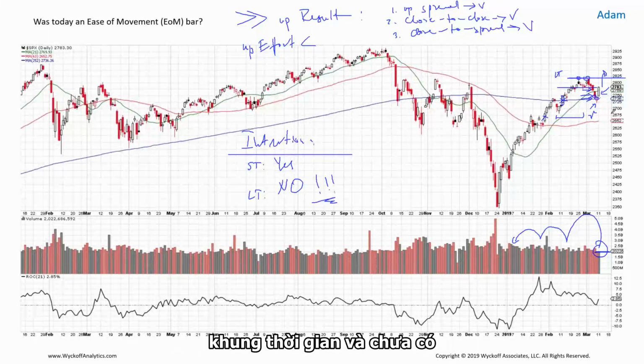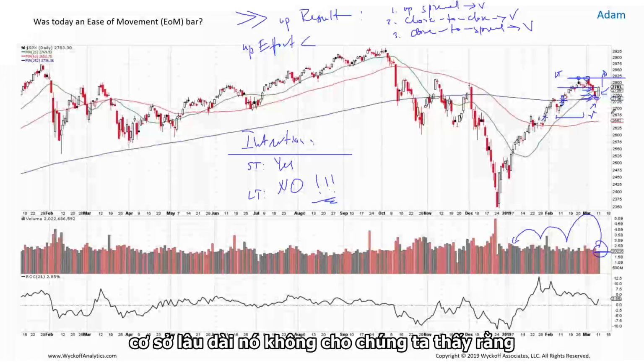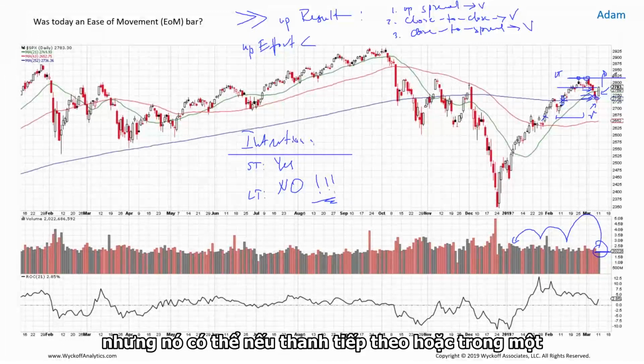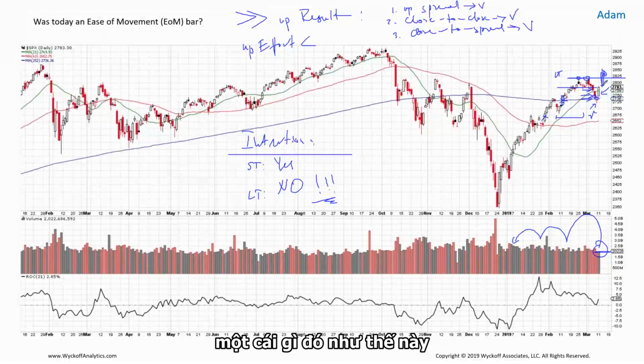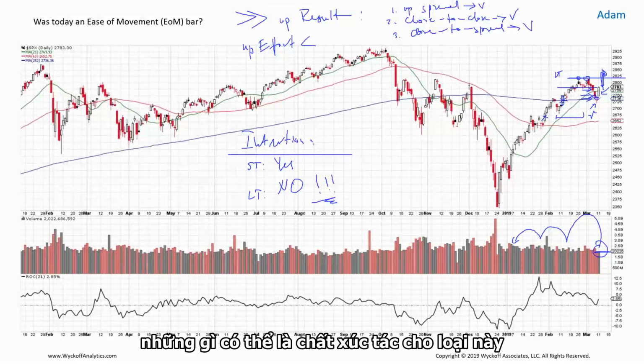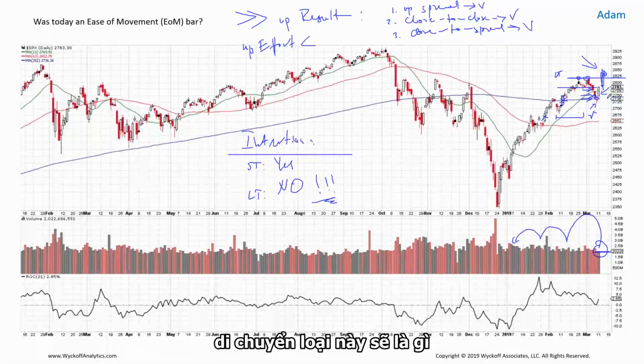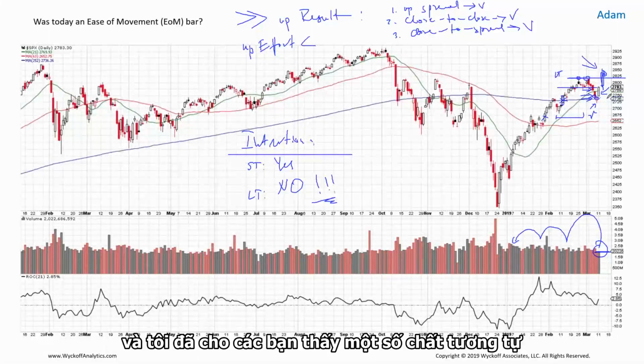And yet, having all of these characteristics on a long-term basis, it does not show us that ease of movement yet. But it can if the next bar, or within a series of bars, we're going to have something like this. And I've discussed in the WMD what could be the catalyst for this type of move, what would be this type of commitment. And I've shown you guys some analogs from the past.